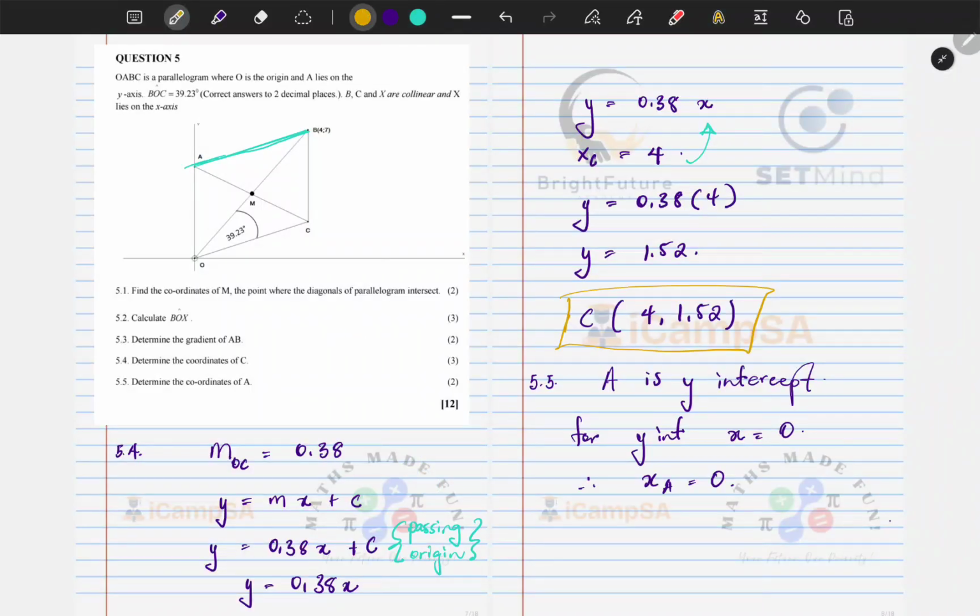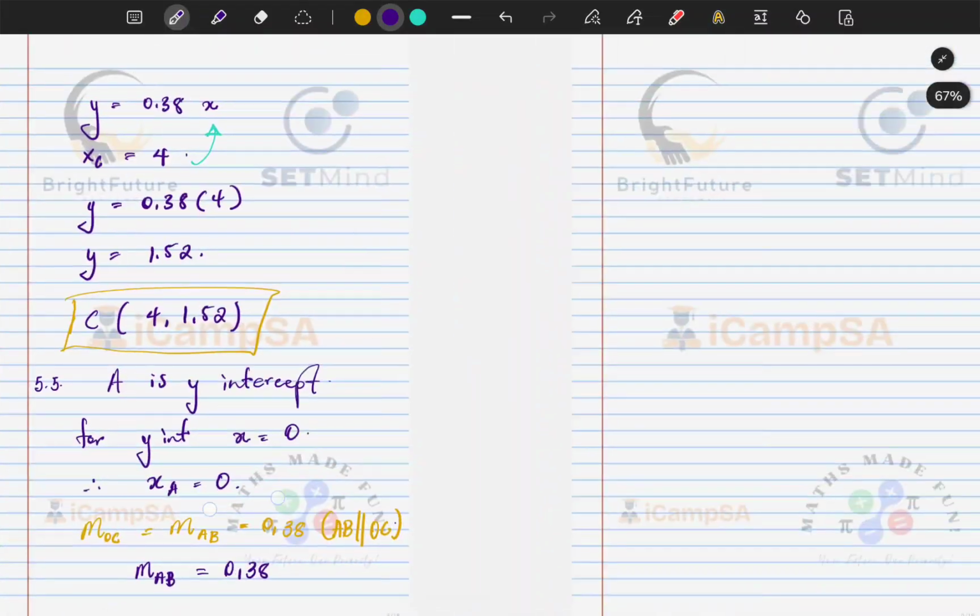We said that the gradient of OC is equal to the gradient of AB, which is equal to 0.38. Why? Because your AB is parallel to OC, right? So that means that you have your mAB equals 0.38.